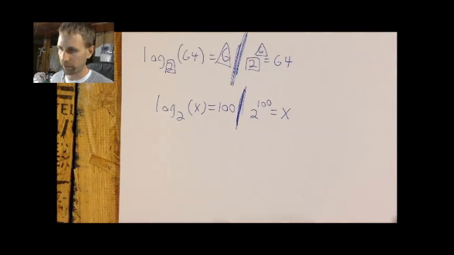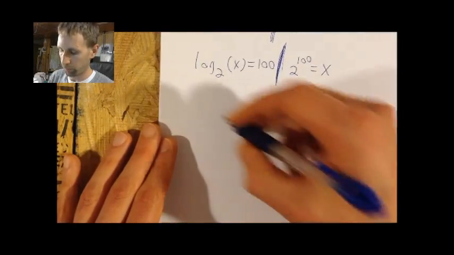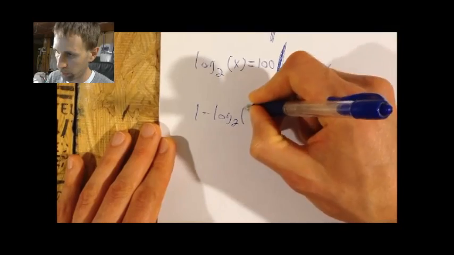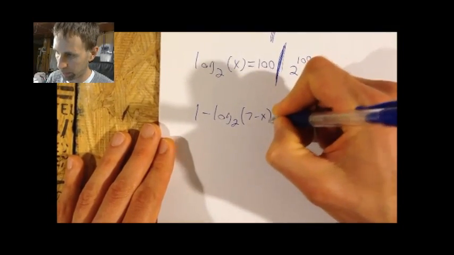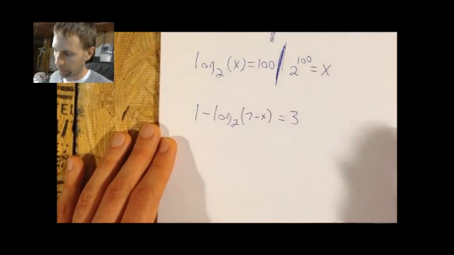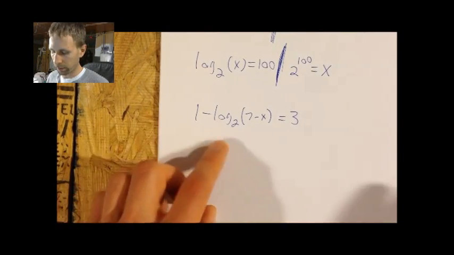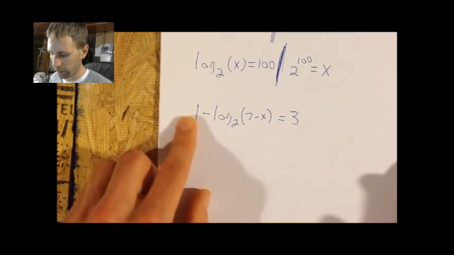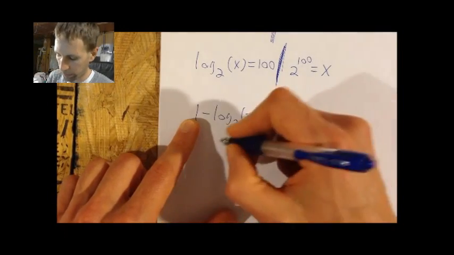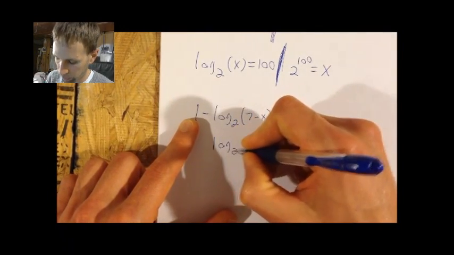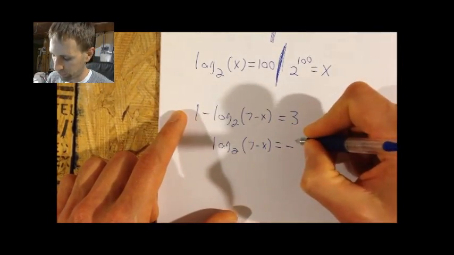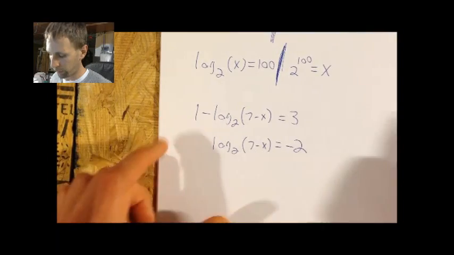Let me just do another example of that. If you have 1 minus log base 2 of, let's say, 7 minus x equals 3. And you want to solve this, you would work your way to the log expression by subtracting 1 and then flipping the sign. So that'll give you log base 2 of 7 minus x equals minus 2. Right? You take away the 1, then flip the sign.